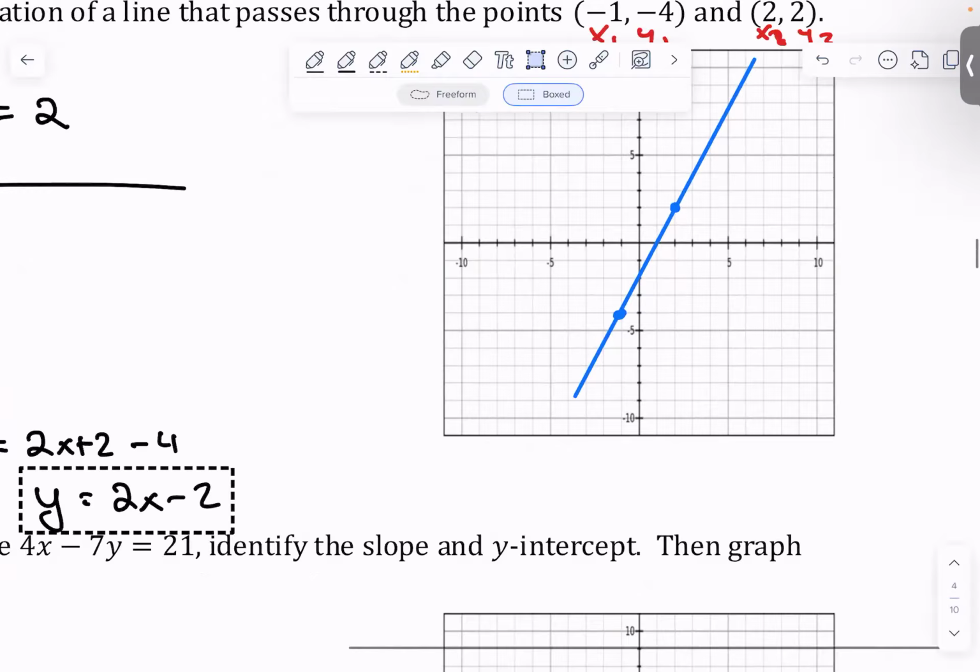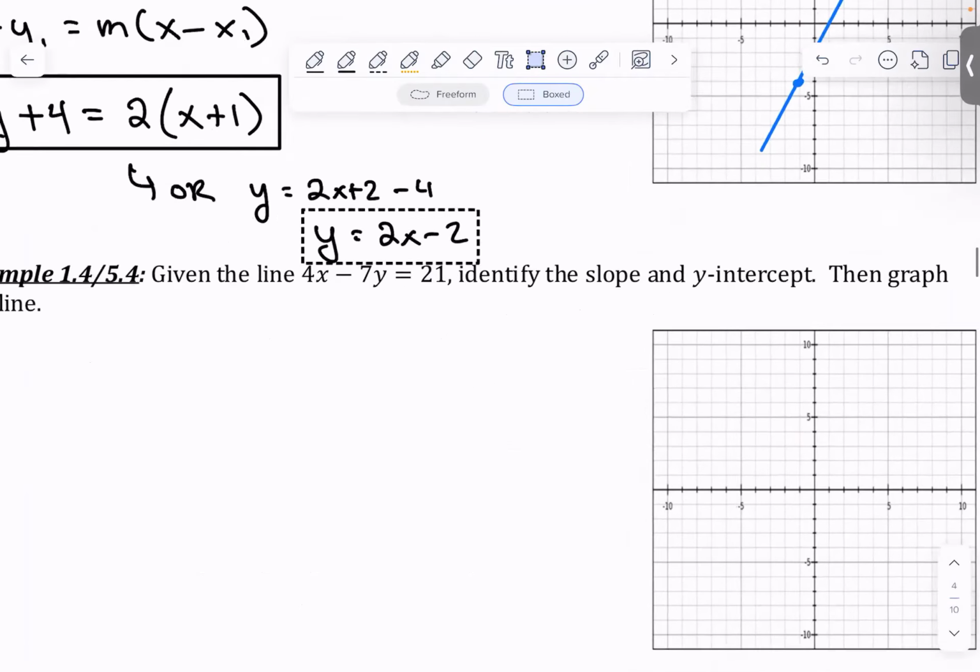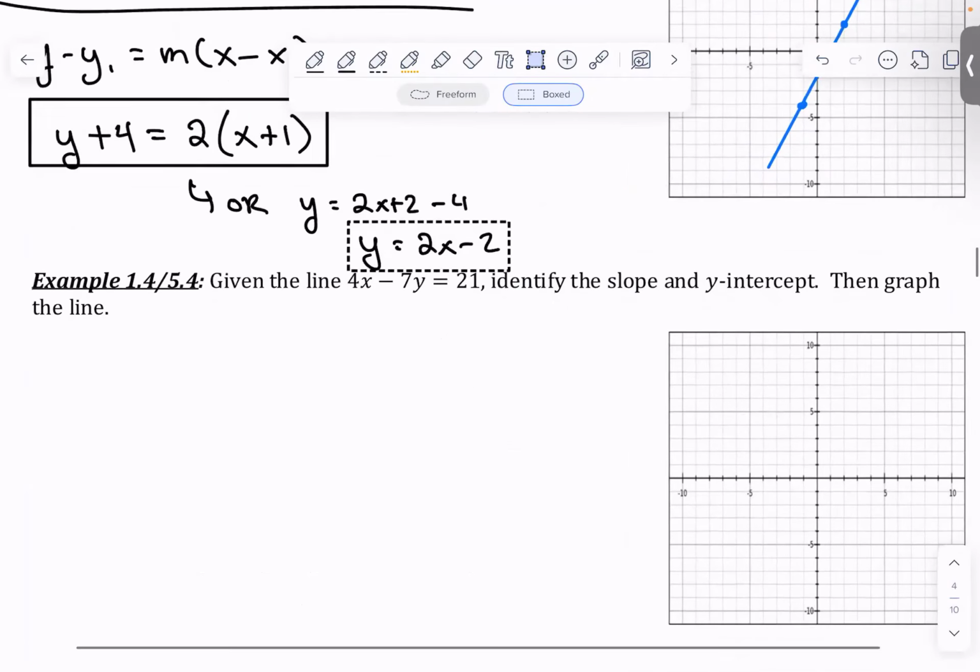All right. Last problem in this section before we go on to perpendicular and parallel, right? Nope. We still got a little bit more. Given the line 4x minus 7y is equal to 21, identify the slope and the y-intercept, and then graph that line.